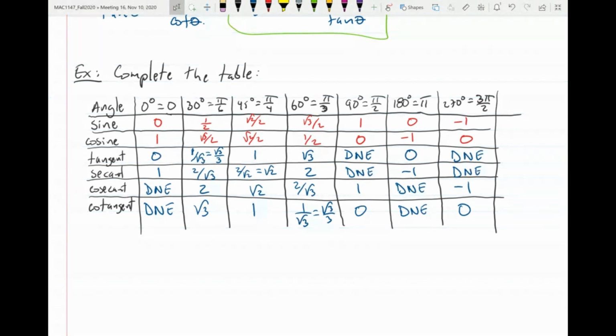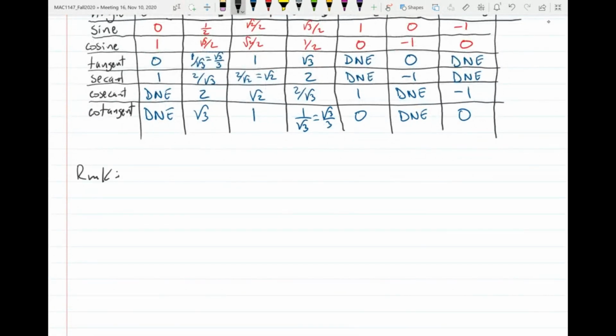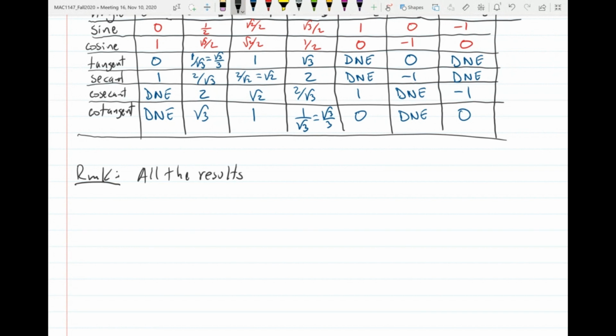Everything that we have discussed applies now to these 4 functions. So let me write that remark. Remark: all the results from sine and cosine extend to the other 3 functions.